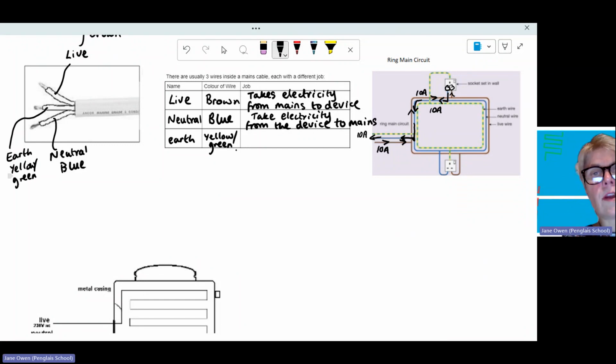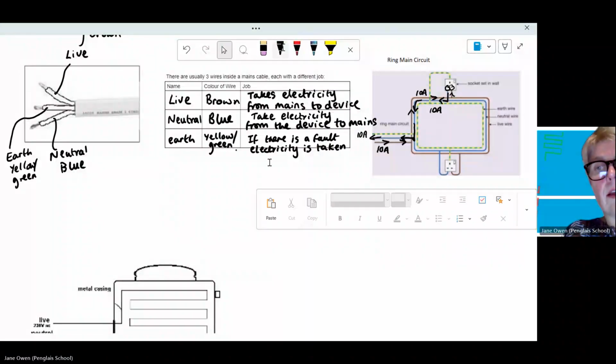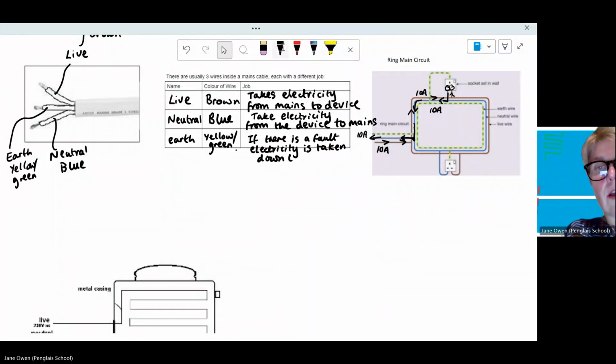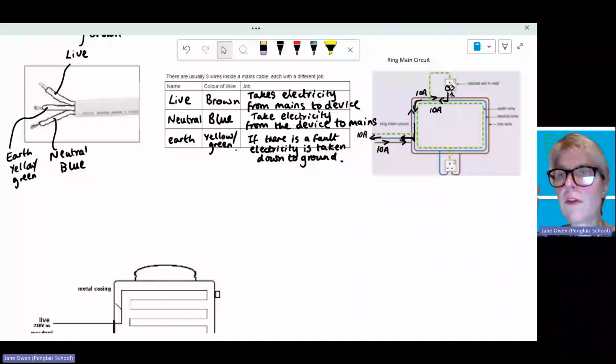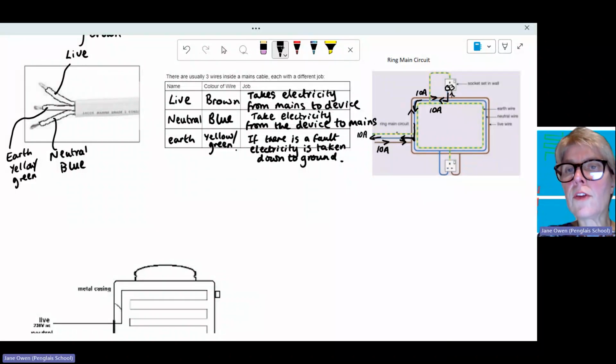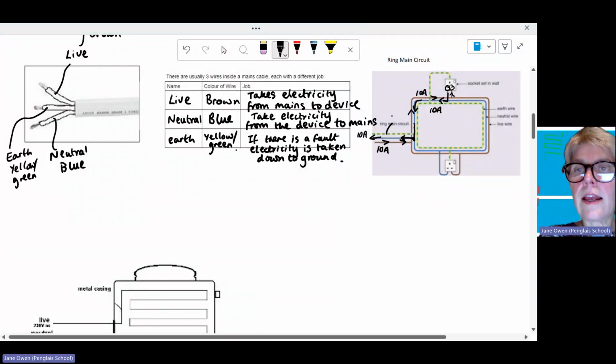If there is a fault, and in normal circumstances there isn't, but if there is a fault, then electricity is taken down to ground through the earth.